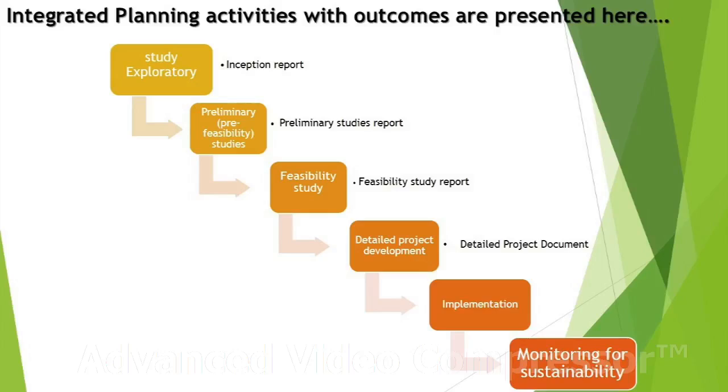The outcomes are for study exploratory inception report, preliminary feasibility studies, then you will get preliminary studies report, feasibility study phase will bring feasibility study report, detailed project development phase will land up with detailed project document, and then comes implementation, and then finally come monitoring for sustainability.